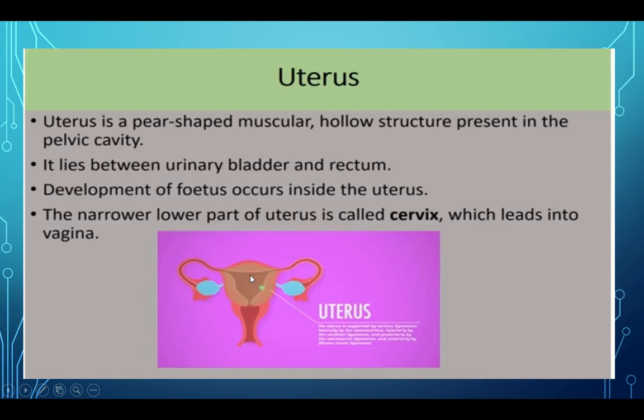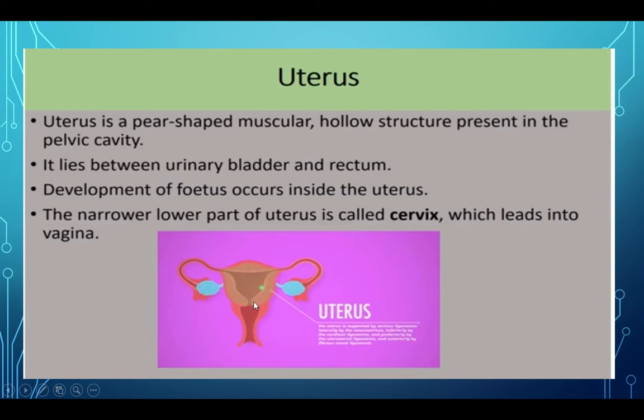The narrower lower part, can you see? This area is narrow. The lower part of the uterus is called the cervix. And this cervix leads to the vagina. Can you see this red color part? This is the vagina.